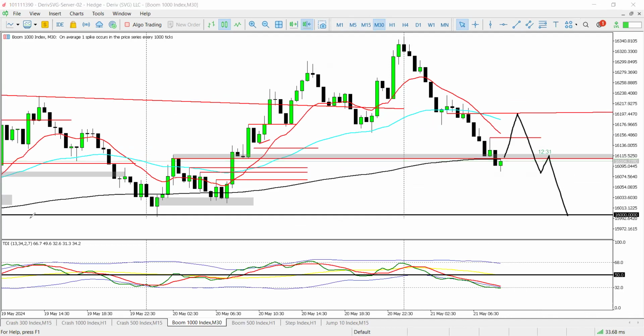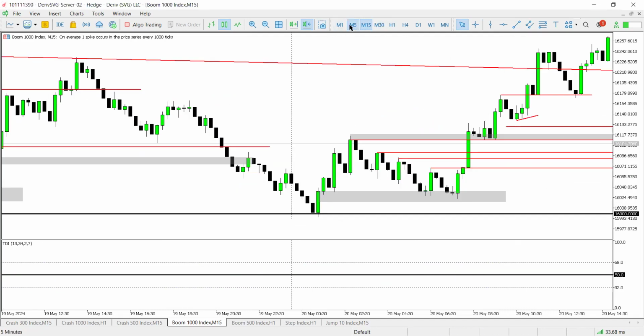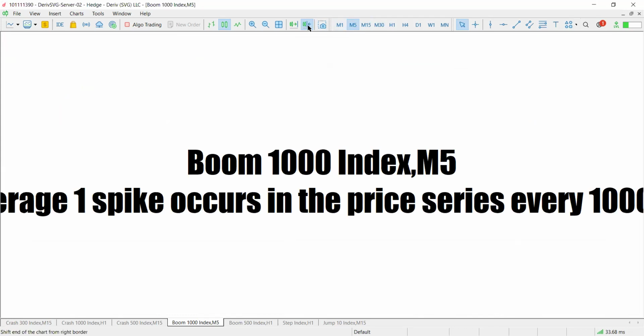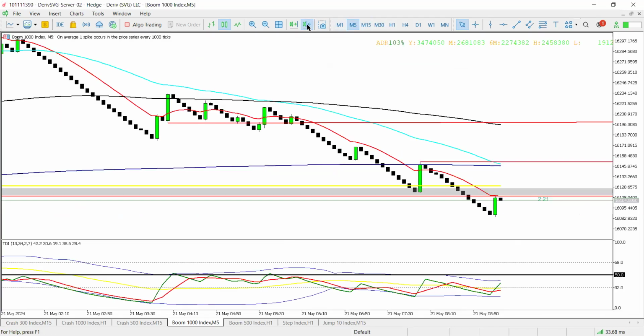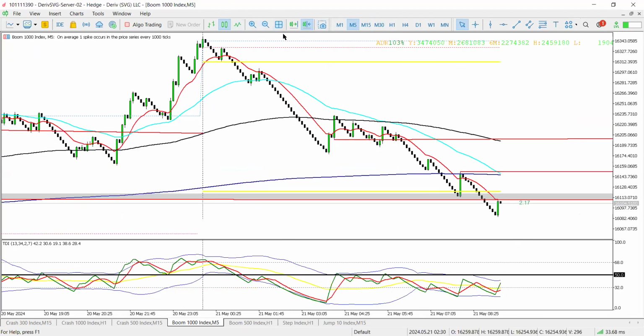That's what I'm currently seeing right now. Let's see M5. I'm only looking for reasons for an early entry right now because already I have a bias. That would be a very short-term buy though. So just know that if we get into this buy, we are not really looking forward to holding.